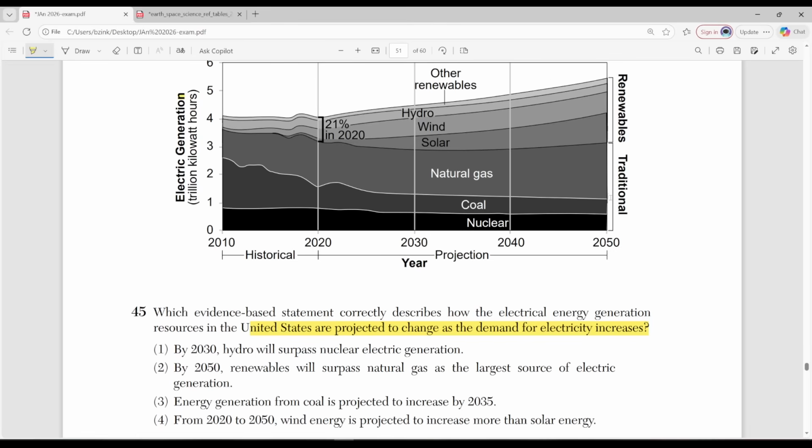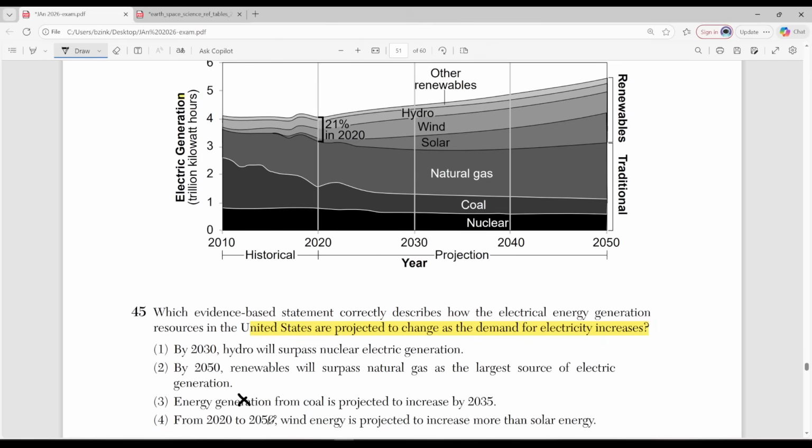This will be 1 to 3, and this is 3 to 5. No, it's about the same. Actually, maybe. Energy generation from coal is expected to increase by 2035. No, that's just going down. So that one we can get rid of.